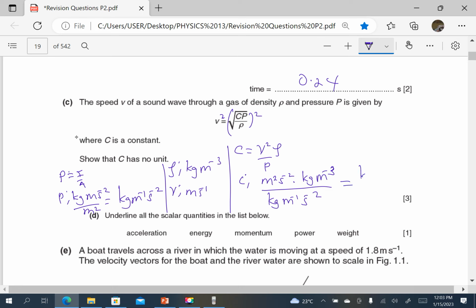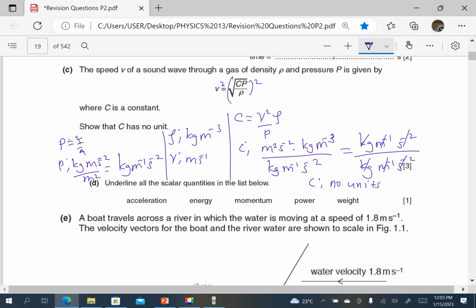So I have kilogram meters power negative 3 times meters power 2. You get meters power negative 1, seconds power negative 2, divided by kilogram per meter per second squared. So we now cross out term by term. Kilogram by kilogram, per meter by per meter, per second by per second. We conclude that C has no units.